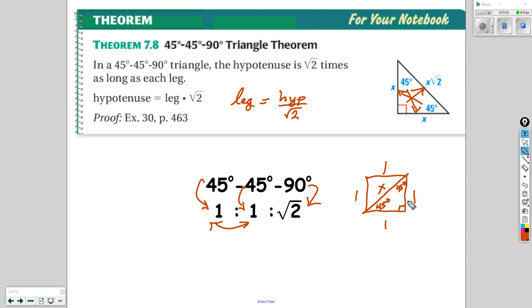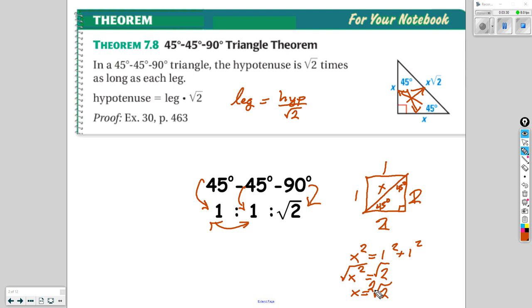Now, supposing that we have a square with side lengths of 1, we have x squared equals 1 squared plus 1 squared. 1 squared is 1, so we have 1 plus 1, which is 2. And to solve for x, we'd take the square root. So that's where we get that ratio of root 2. Okay, and that's how this works. If these lengths were 2, then this would just be 2 root 2.